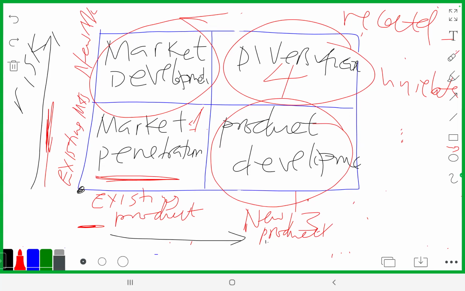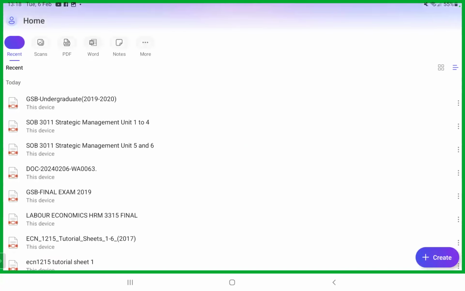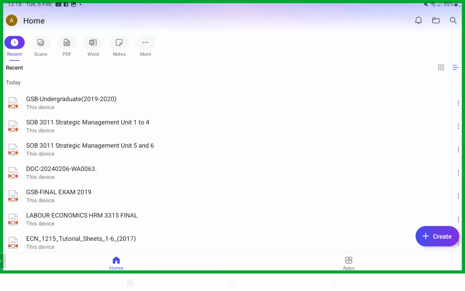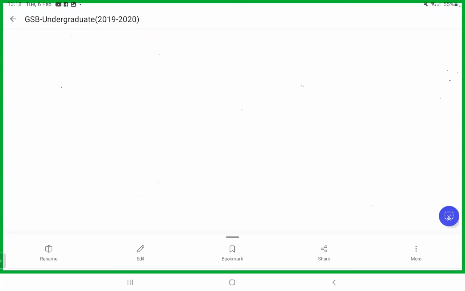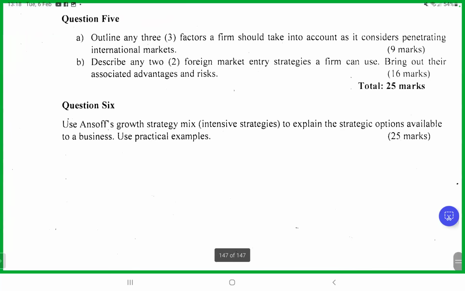Do not forget the question that we were answering. It is an exam question, which said: use the Ansoff growth strategy mix to explain the strategic options.